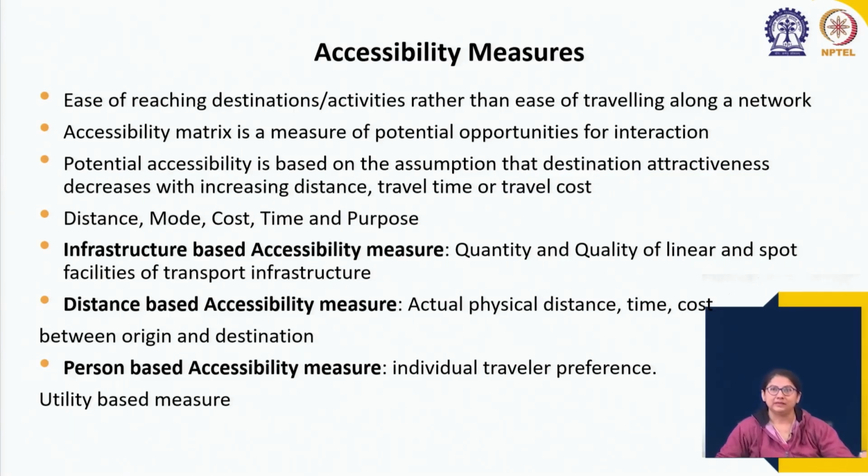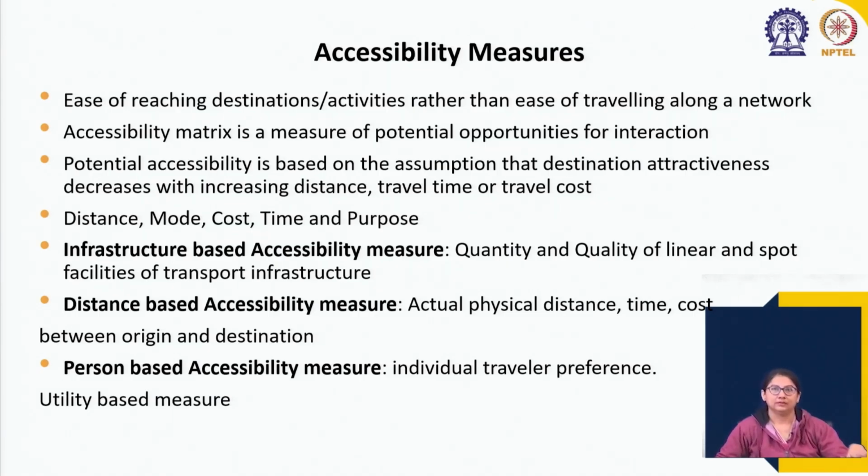So, overall accessibility is calculated based upon these 4 factors of distance, cost, travel time and travel mode, as well as the purpose of travel.